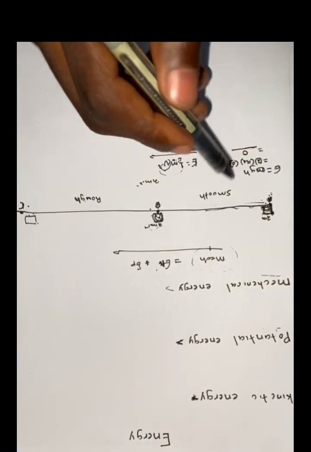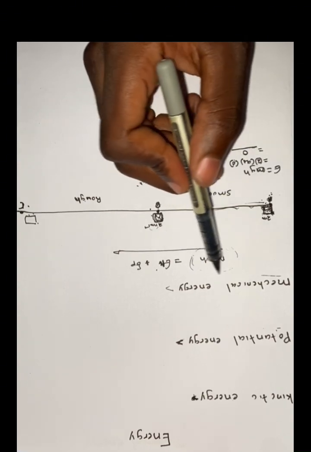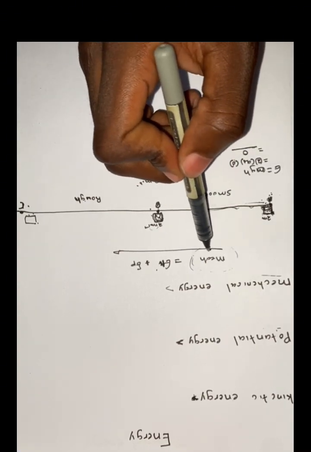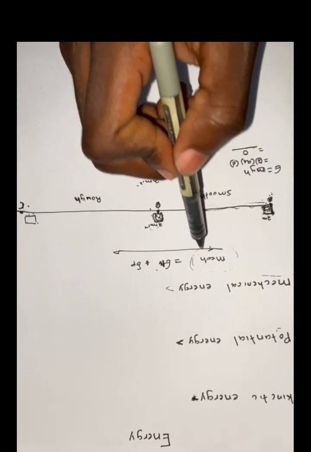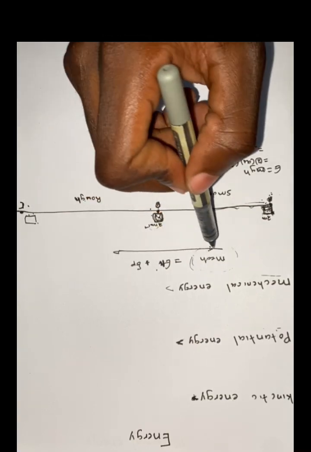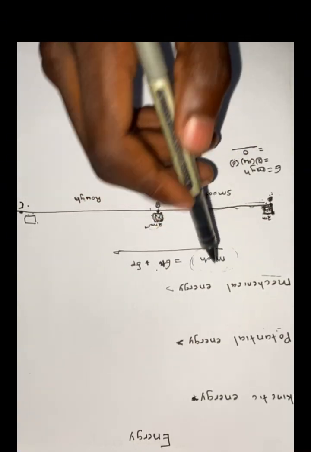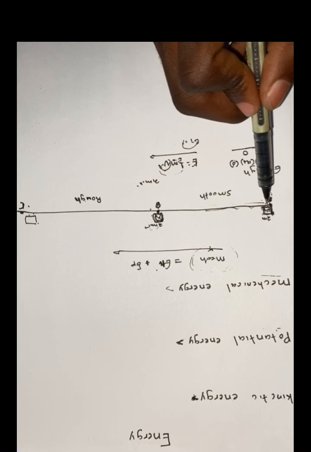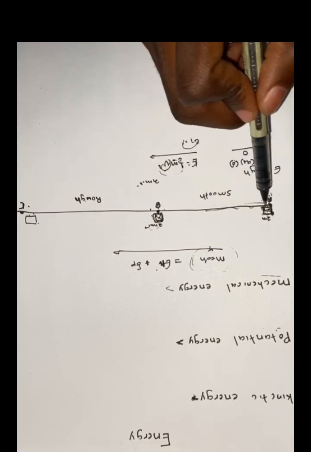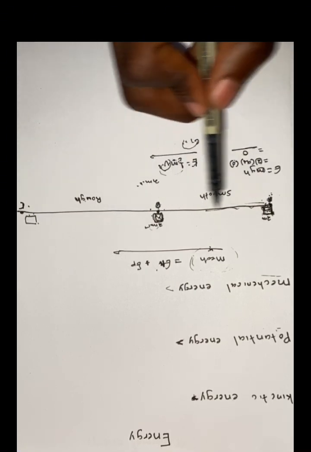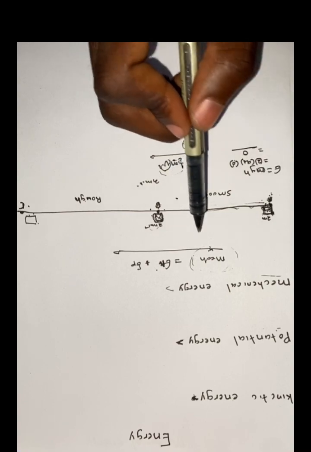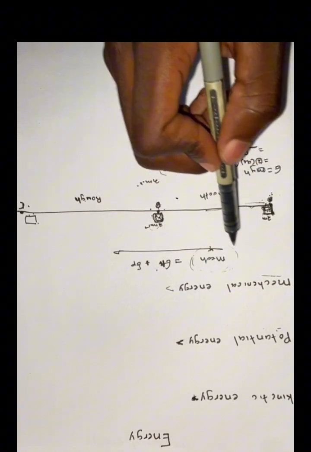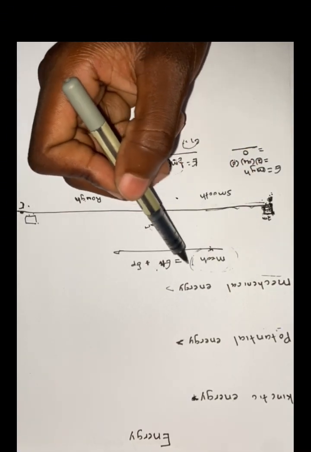What does that mean? It means that mechanical energy is conserved only if there are no non-conservative forces, or only if there are conservative forces acting on the object. You see, in this case, there is no non-conservative force. There is no force opposing motion, which is the friction force. That means mechanical energy is conserved.